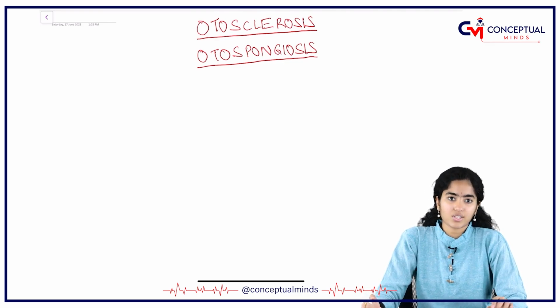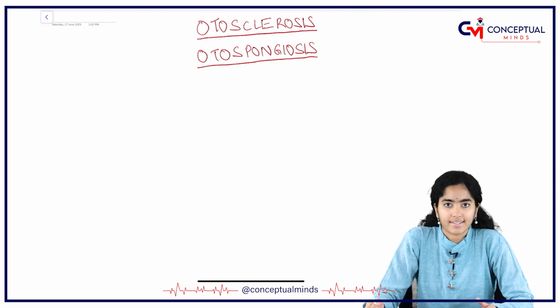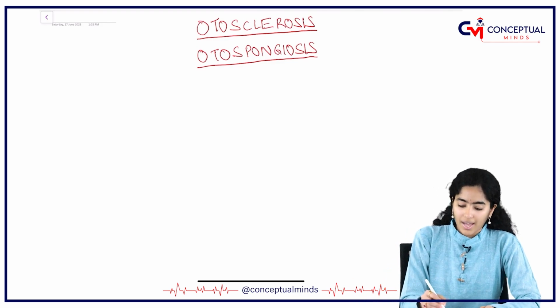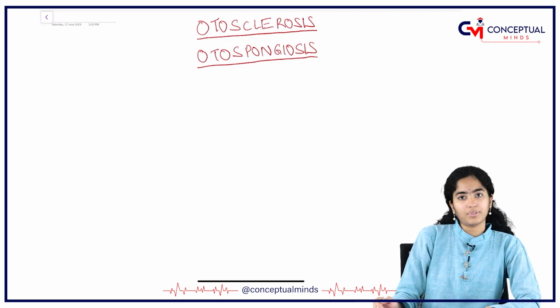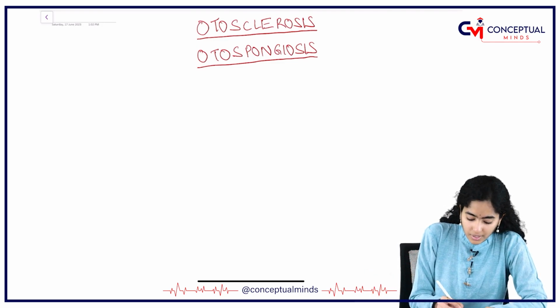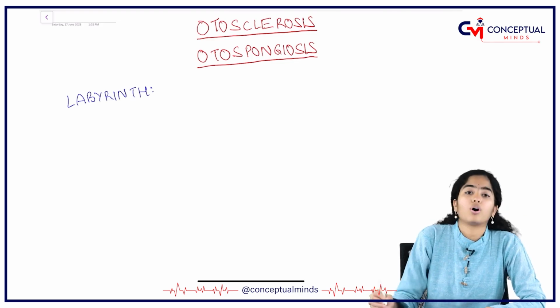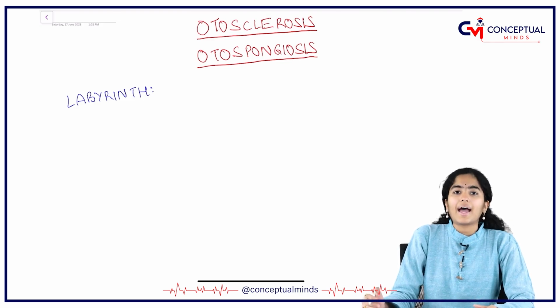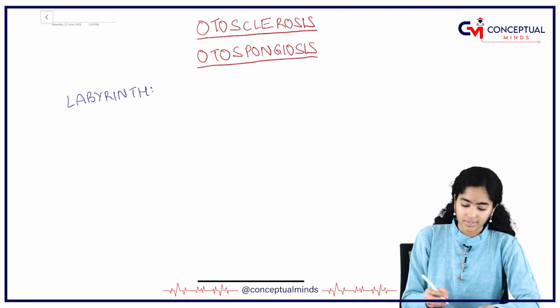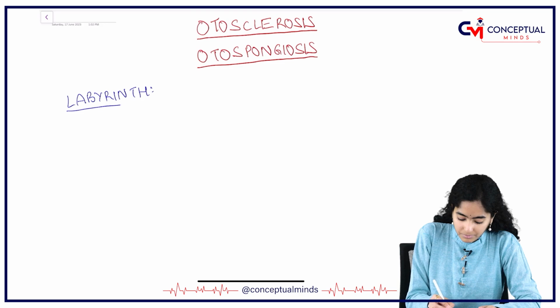Now to understand this further, let us study the structure of the labyrinth once again. As you have learned in the anatomy of the inner ear, it is also called the labyrinth and it consists of the bony labyrinth and the membranous labyrinth. Able to recollect?